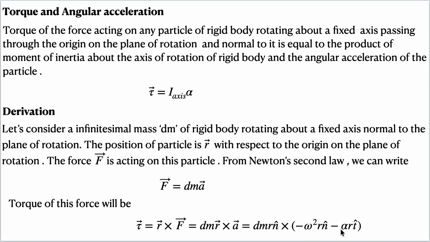The two components can be denoted as minus omega square r in the normally outward direction and minus alpha r in the tangential direction. So we write the acceleration vector and all the terms as dm vector r n cap cross minus omega square r n cap minus alpha r t cap.